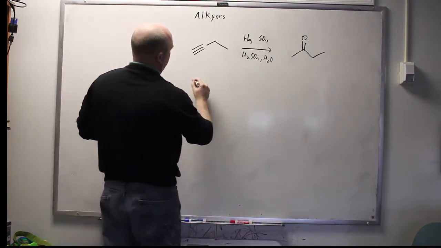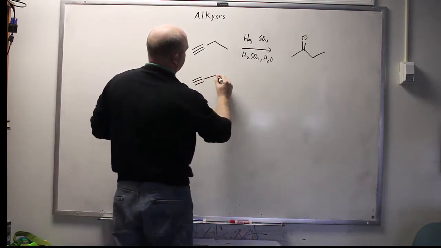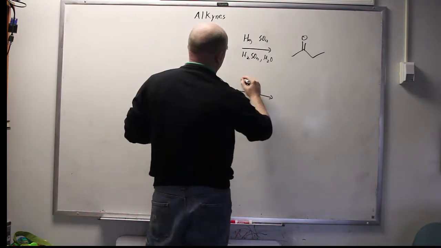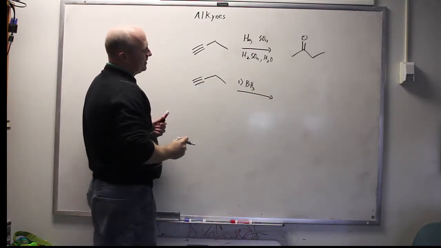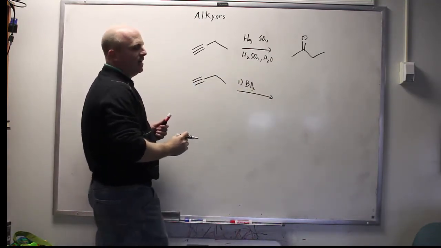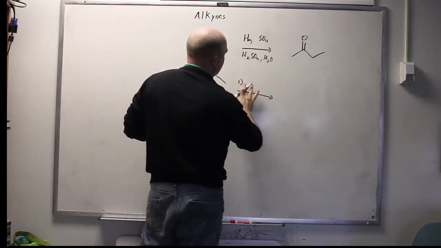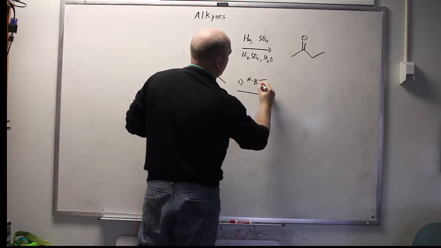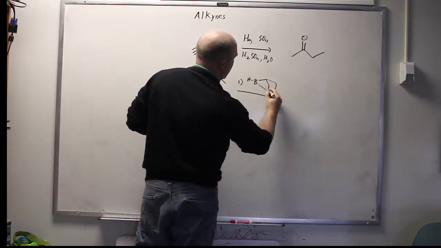So the other thing that I want to point out is if you start with the exact same material and you would like the anti-Markovnikov addition, then you can add borane. And of course, borane itself will work, but 9-BBN will be more selective. So you might see other borane reagents. And as I've shown you before, one way of thinking about the 9-BBN is to draw out this shorthand.